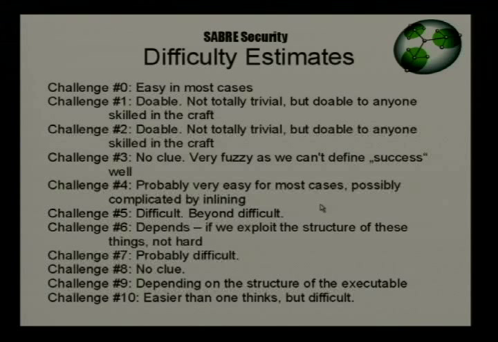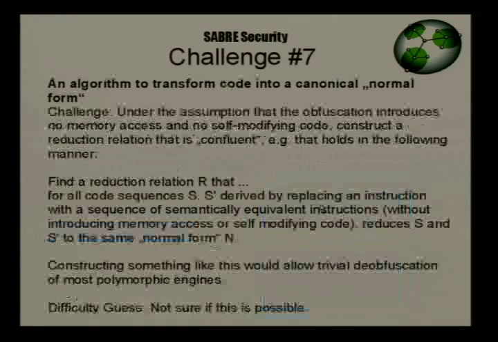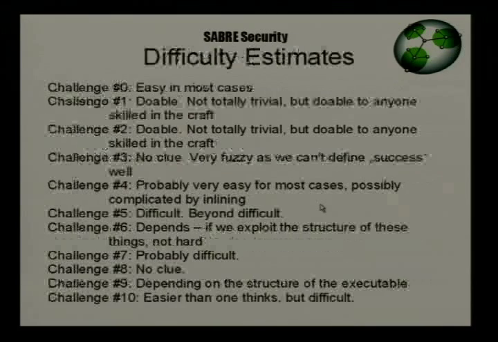Number 6, VM disassembly, or VM analysis, should be easy if we have a VM given, with a structure as I described. Challenge number 7, what was challenge number 7? Oh yeah, confluent normal form. Yes, very, very, very cool. Probably quite difficult. Challenge number 8, I have no clue how difficult that is.